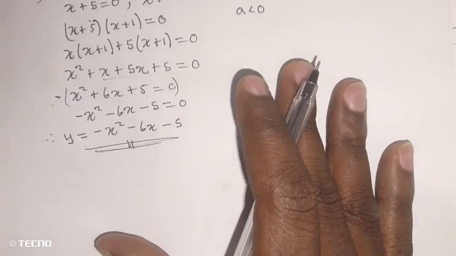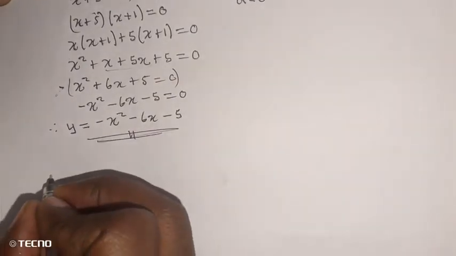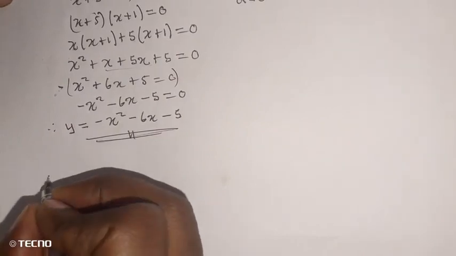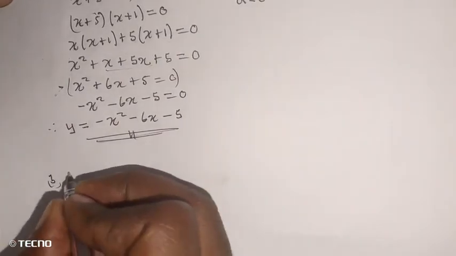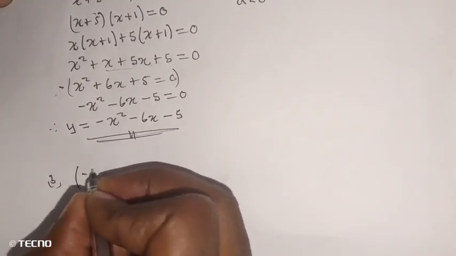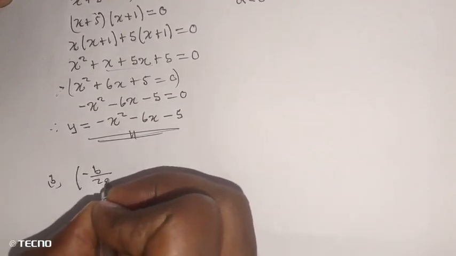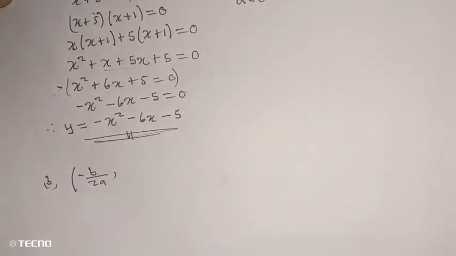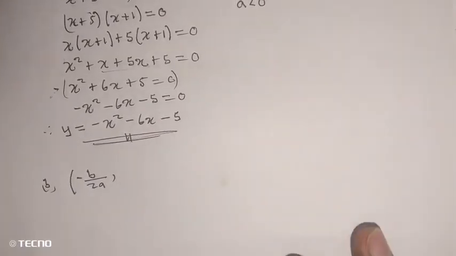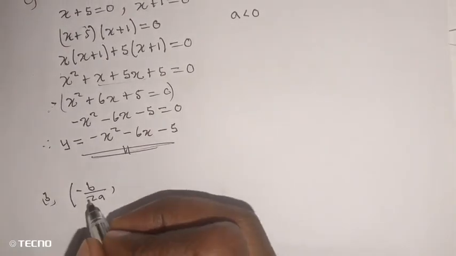Okay, then from there we can also calculate the turning points. So calculating the turning points, we have this formula. The coordinates of the turning points are negative b over 2a, comma. Here, this is for x.